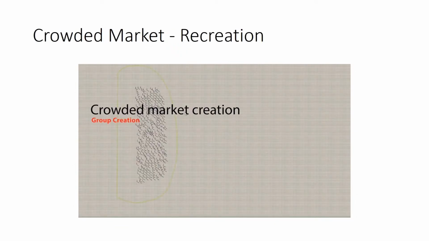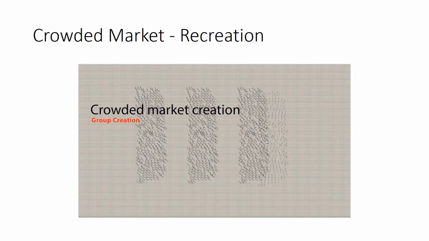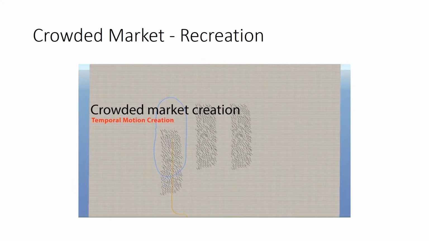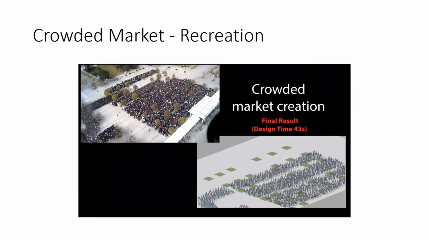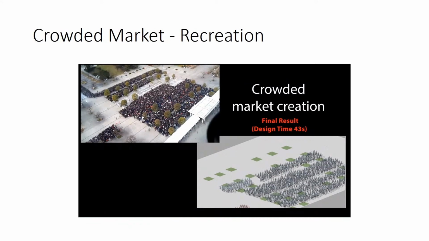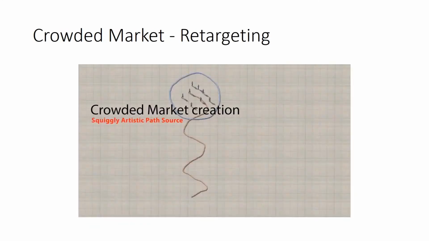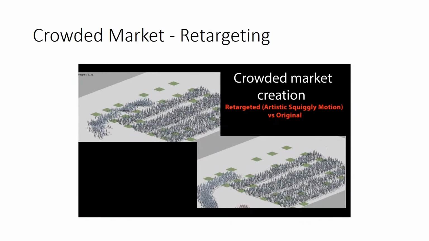Here we create a crowded market. Now we create an artistic squiggly motion and retarget one of the crowd groups with this squiggly motion.